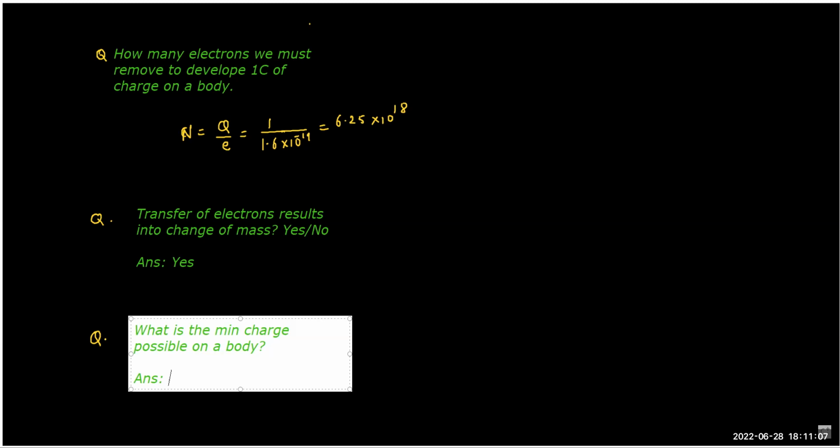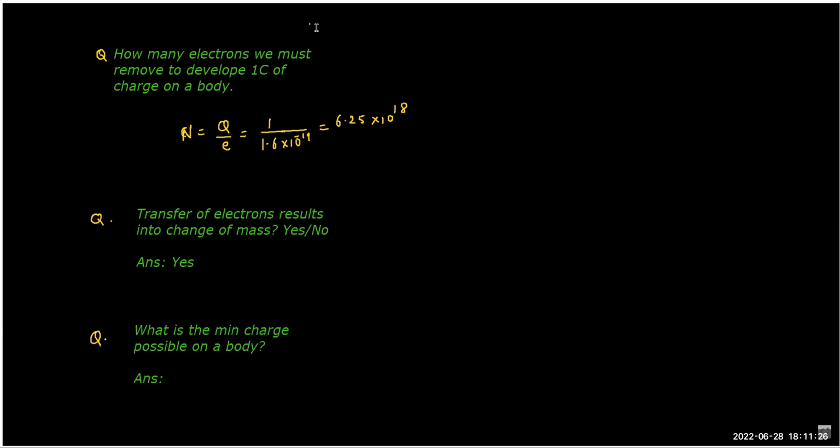Can we develop zero charge, like 0 point something? What is the smallest value we can develop? Zero cannot be the answer, so what is the smallest non-zero value we can develop? Plus E, correct. Plus or minus, both are possible. You can add one or you can remove one. So the minimum charge you can produce is plus minus E.